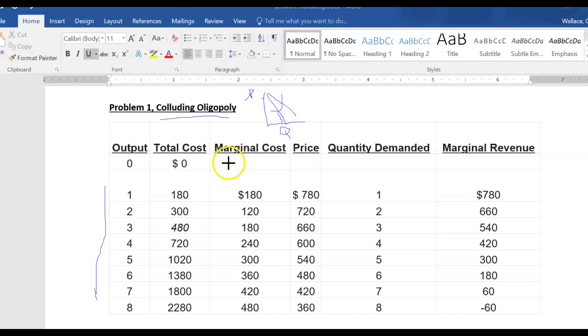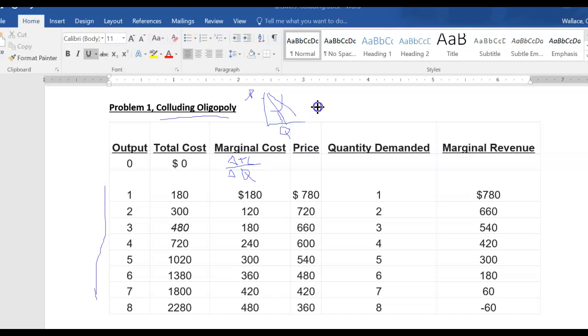Marginal cost, remember, is the change in total cost over the change in quantity, okay? And the marginal revenue, likewise, is the change in total revenue over the change in quantity, okay? So once we have the marginal cost and the marginal revenue data, these two will be really significant because that's how we're going to figure out our profit maximizing quantity for this firm, okay?